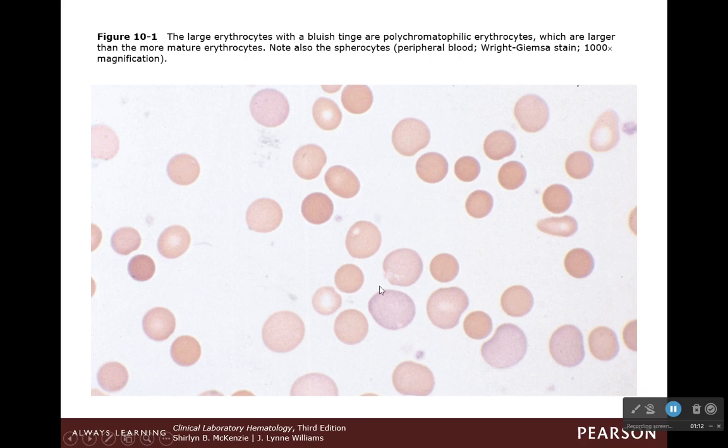All right, so look right here, guys. This is a normal cell. It's got a good central pallor. We can see it. This one would still be considered normal. The shape's a little bit unusual. But look at this guy right here. See how dark it is and how it's missing the central pallor? And look how perfectly round it is. This is a spherocyte.